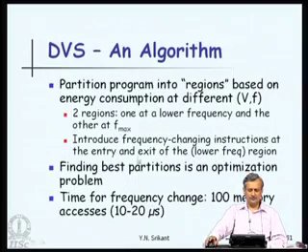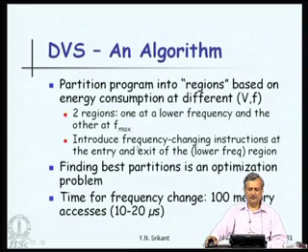Now, how is this performed? So, we try to partition a program into regions based on the consumption of energy at different voltages and frequencies. It has been shown that two regions are usually sufficient. One of the regions operates at a lower frequency and the other operates at the maximum frequency.